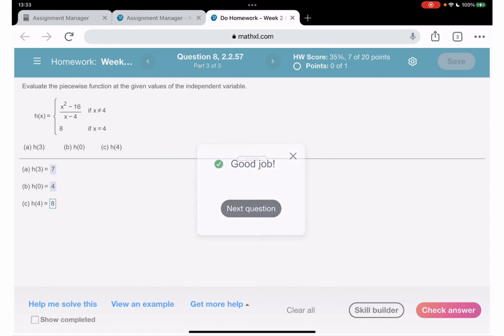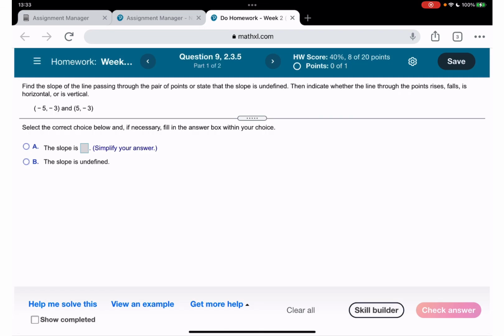Moving to the next one. Question number 9. All right, here we are moving to working with functions. I'll tell you what, let me stop right here because a new topic is coming, and I will record it in the part 2 video, okay?